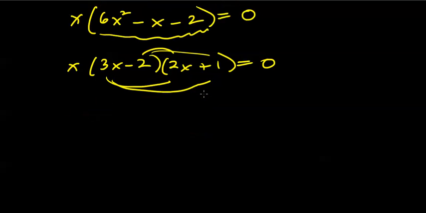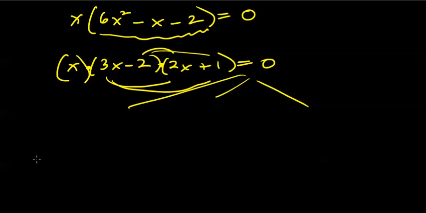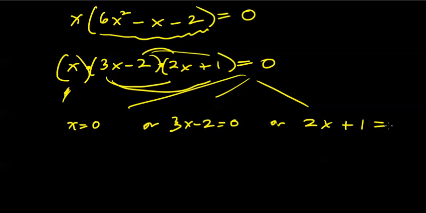Alright, so I'll play the same game with the zero product rule, just to make things very clear that x, don't forget about that x. That x is a factor of that trinomial, so I have to put it in the list. So basically I'm going to branch off to 3 equations with my zero product rule. Either x equals 0 from this factor, or 3x minus 2 equals 0 from that middle factor, or 2x plus 1 equals 0 from that third factor.